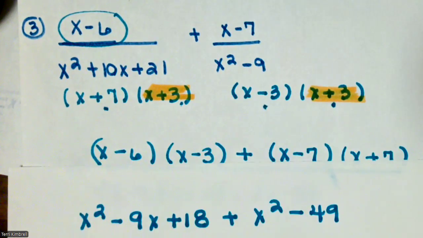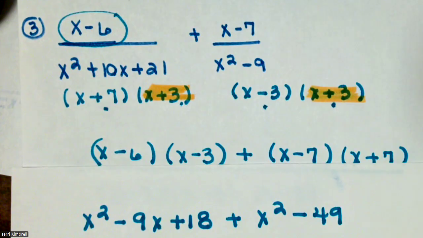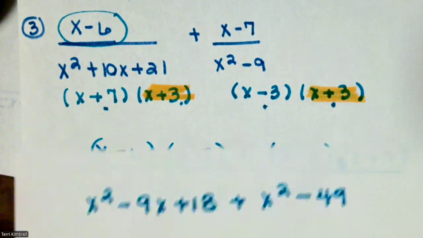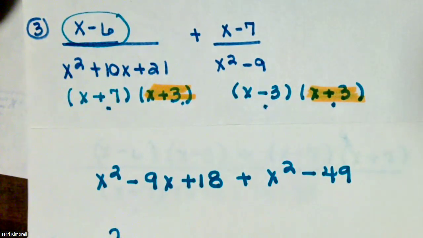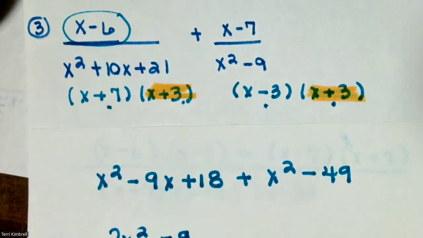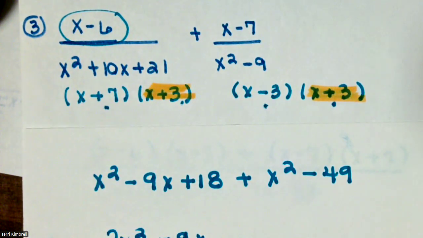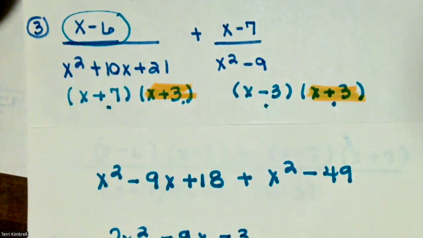Okay, after you FOILed, that's what you should have gotten for the top. Then we're going to combine. So I have 2x squared minus 9x. And then you're going to do 18 minus 49, which is negative 31.